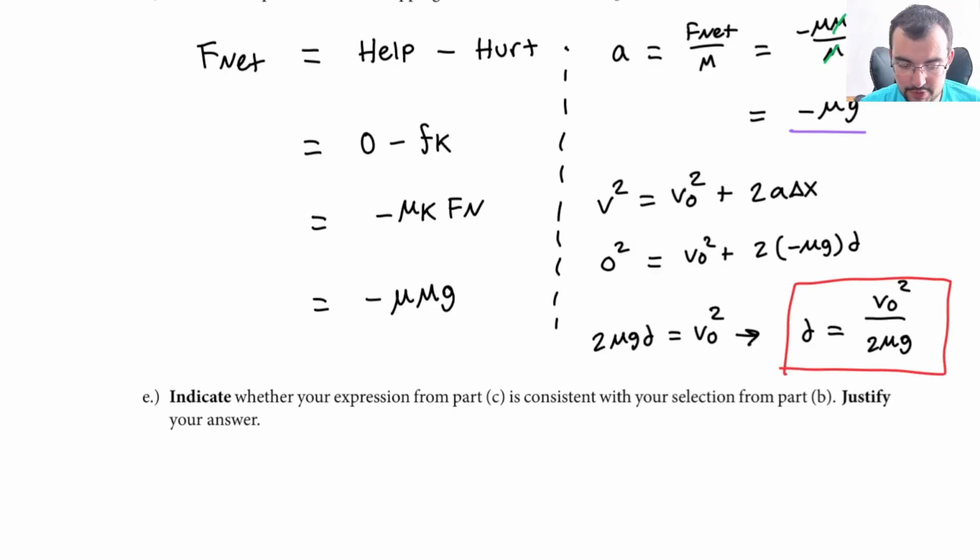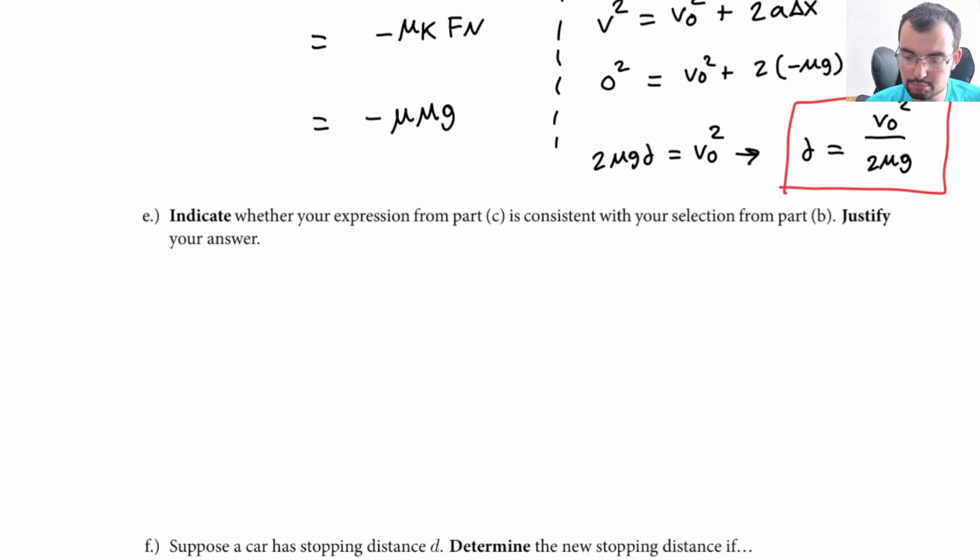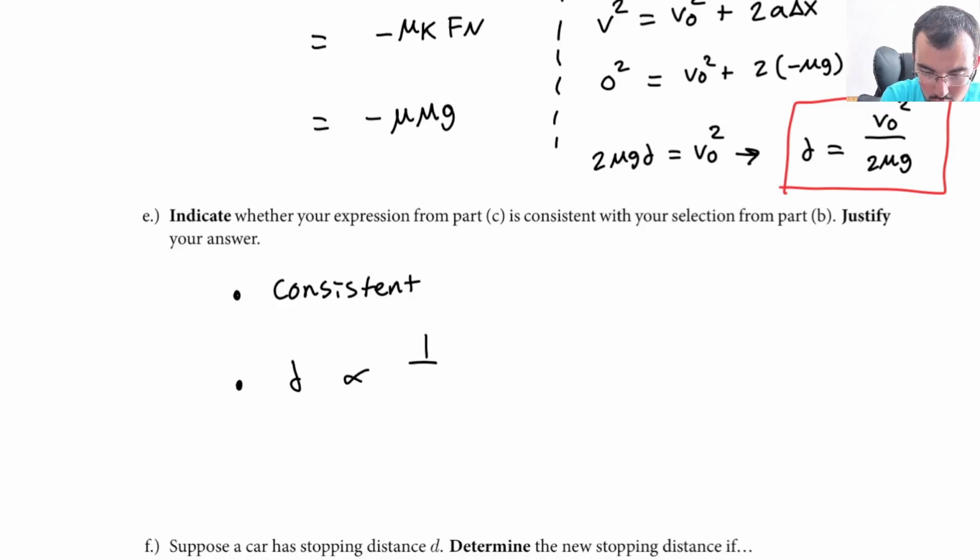Consistency check. Is this consistent with part B? So where we're asking about dry versus wet roads. Well, yes, it is consistent. Because d is proportional to 1 over mu. So as mu increases, we're dividing by a bigger number.